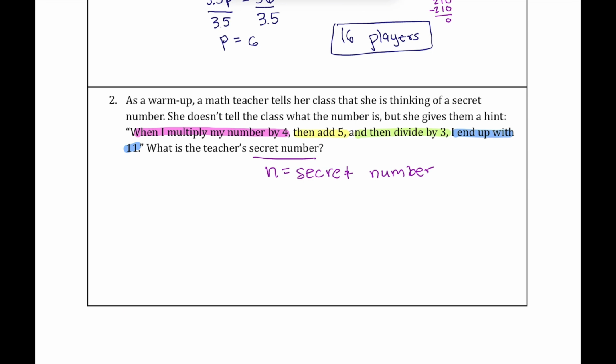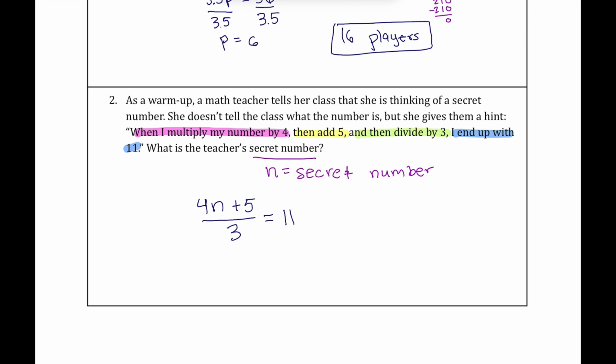The first thing she does to n is she multiplies it by 4. So we write that as 4n. And then she adds 5 to that amount, so we add plus 5 at the end. Then she divides that entire amount by 3, so that entire expression needs to be divided by 3. And we're told that that is equal to 11.